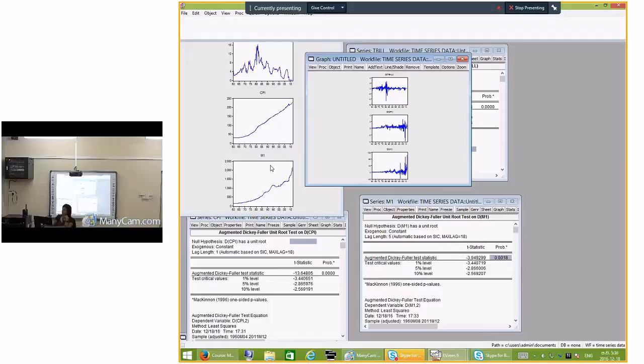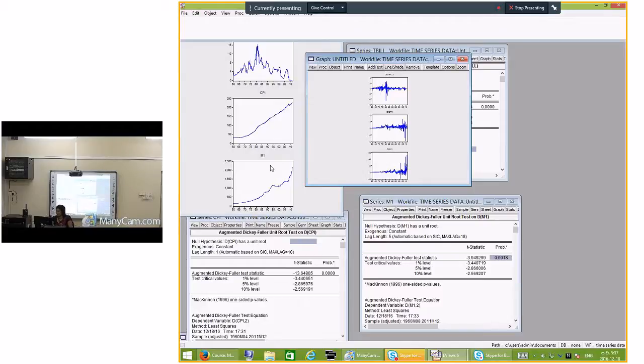By viewing the graph, we can determine whether our series are stationary or not, but there is a formal test to do this. This test is called the Dickey-Fuller test, augmented Dickey-Fuller test. The augmented Dickey-Fuller test is used to test the unit root.